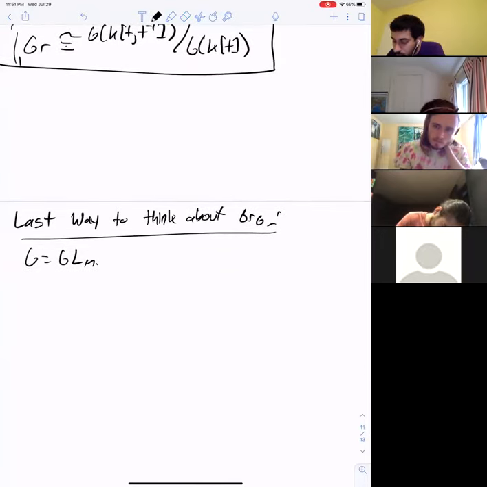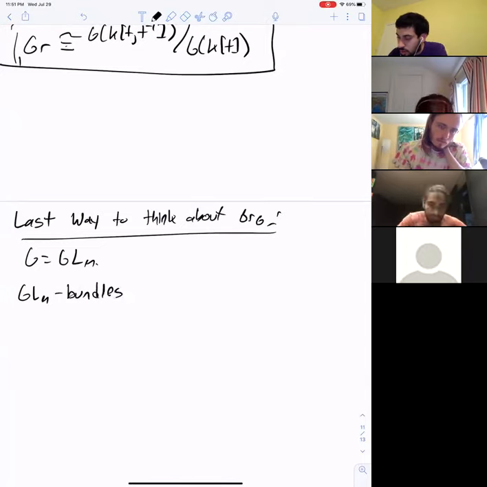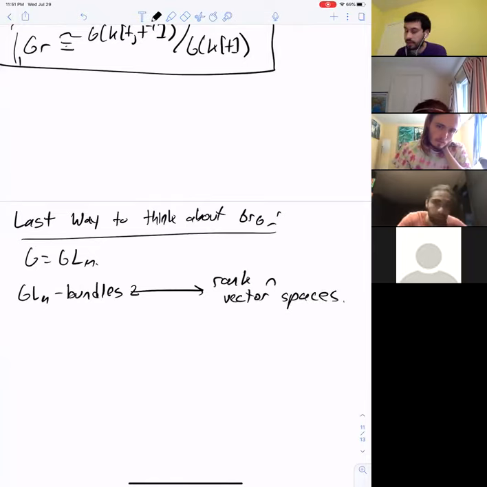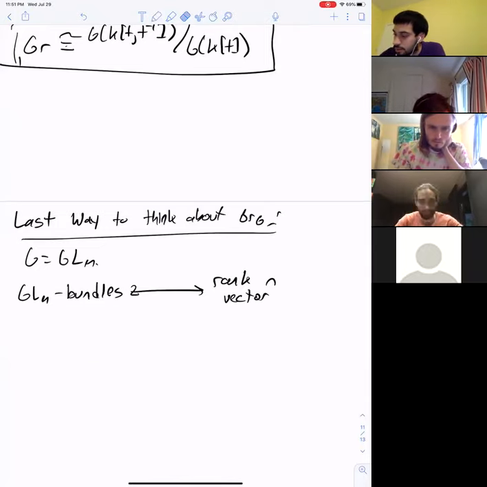So one thing which I think a lot of us probably know is that GLN bundles are in correspondence with rank n vector bundles. You mean rank n vector bundles? Yes, rank n vector bundles, precisely.